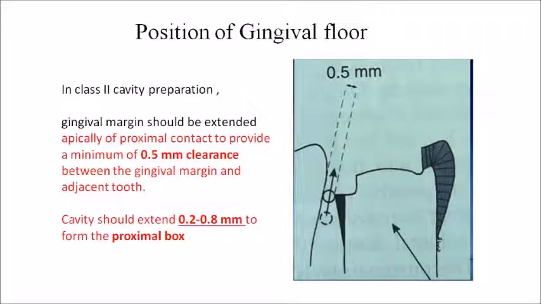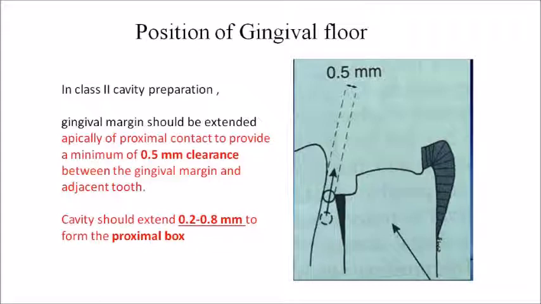Whenever we are determining the outline form of the cavity, there is one more thing which you should remember, the gingiva. Okay, so the position of the gingival floor in cases of class 2 cavities, there should always be gingival floor preparation. Okay, so in class 2 cavities, the gingival margin should be extended apically of the proximal contact, which provides a minimum of 0.5 mm clearance between the gingival margin and the adjacent tooth.